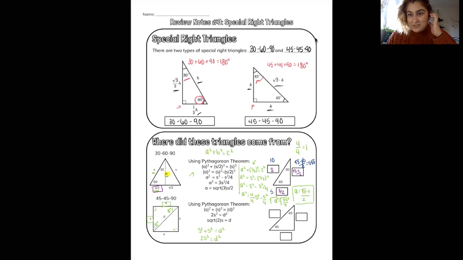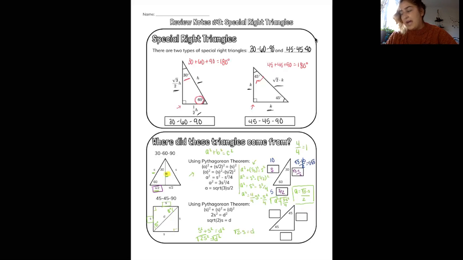And then to undo a square, I have to take the square root. So I end up with root 2. And then to undo a square, right? So s squared, if we take the square root of that, that just ends up as s. So the square root of 2 times s equals the diagonal.